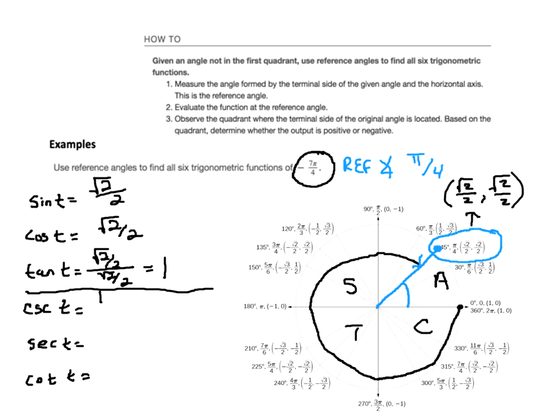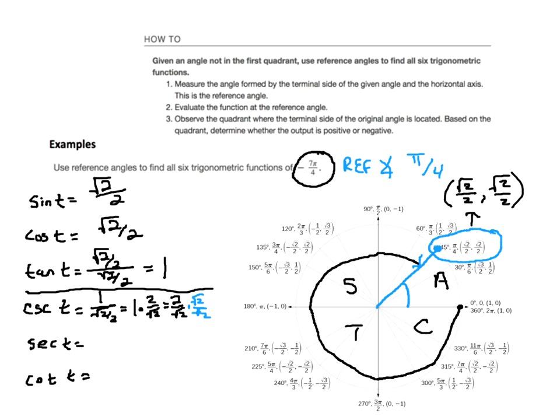which is just 1. Okay, cosecant is the reciprocal of sine, so 1 divided by square root 2 over 2 is the same thing as 1 times the reciprocal, 2 over square root 2, which is 2 over the square root of 2. We need to rationalize.